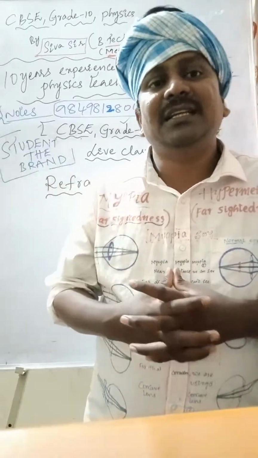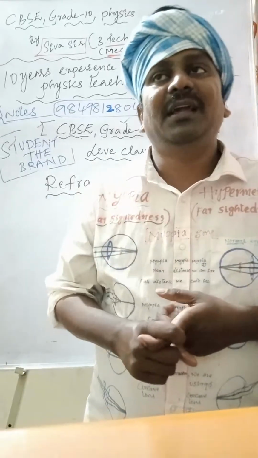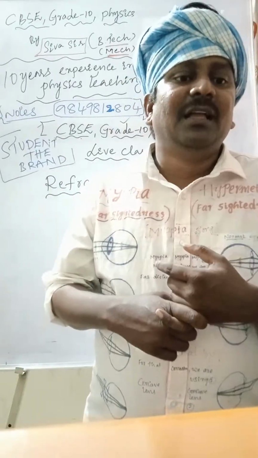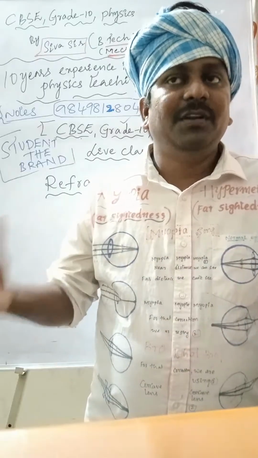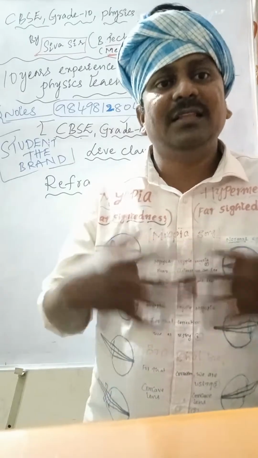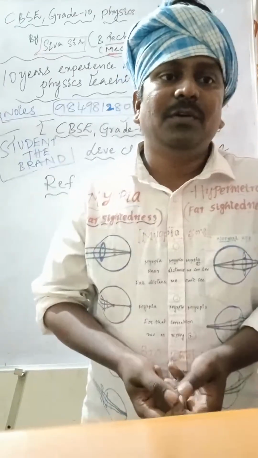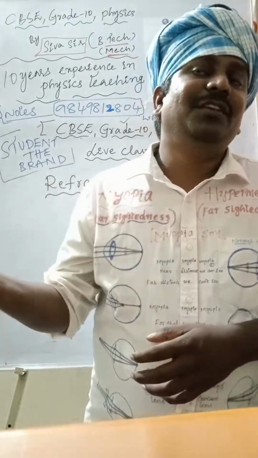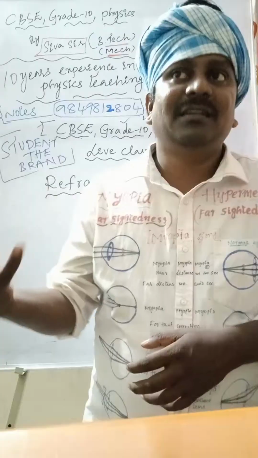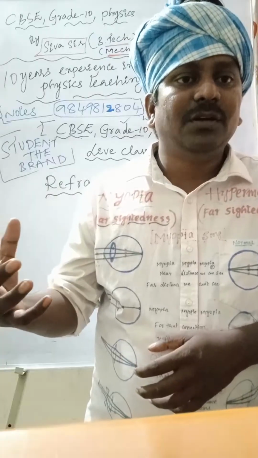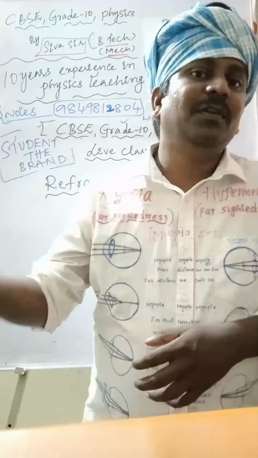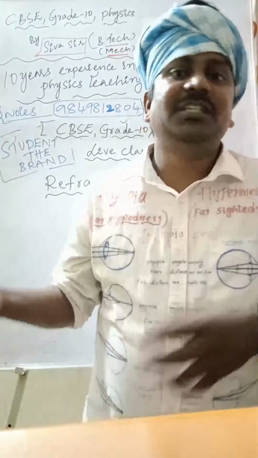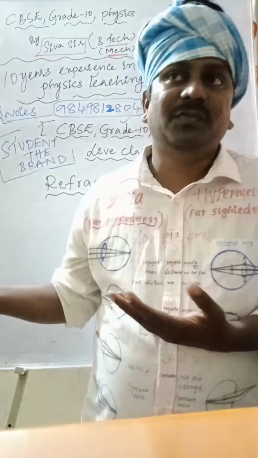In the human eye, all the parts like cornea, iris, pupil, vitreous humor, retina, and optic nerve, we can remember and write. But in exam time, when you are writing that question in the exam hall, students sometimes forget to draw the lens, which lens to use for myopia and which for hypermetropia.